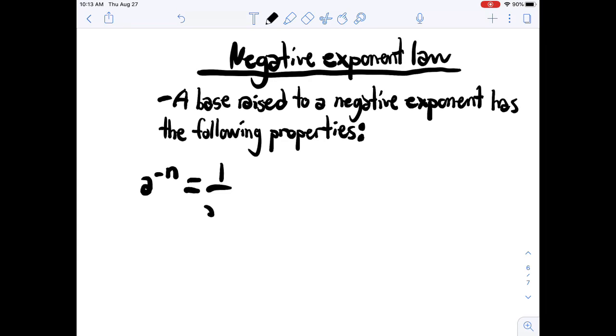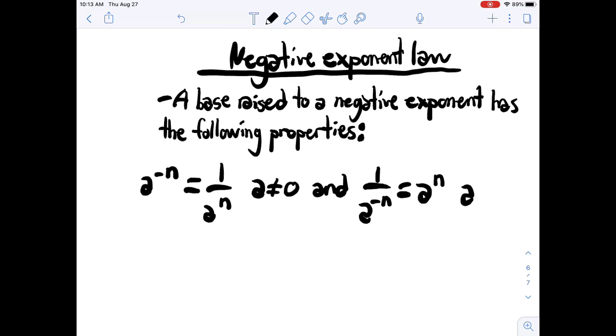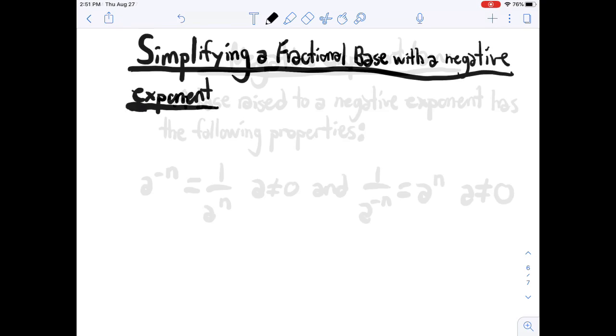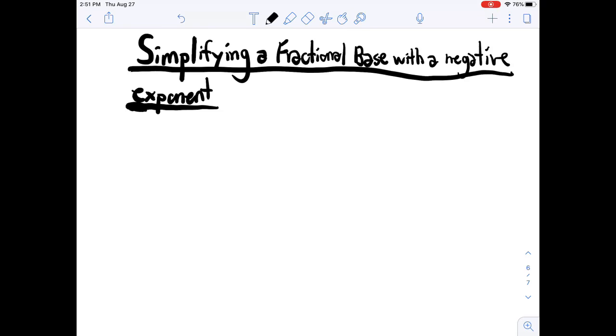This is equal to 1 over a to the power of n, and a is not equal to 0, so the base cannot be 0. And 1 over a to the power of negative n equals a to the power of n, and again, a is not 0.